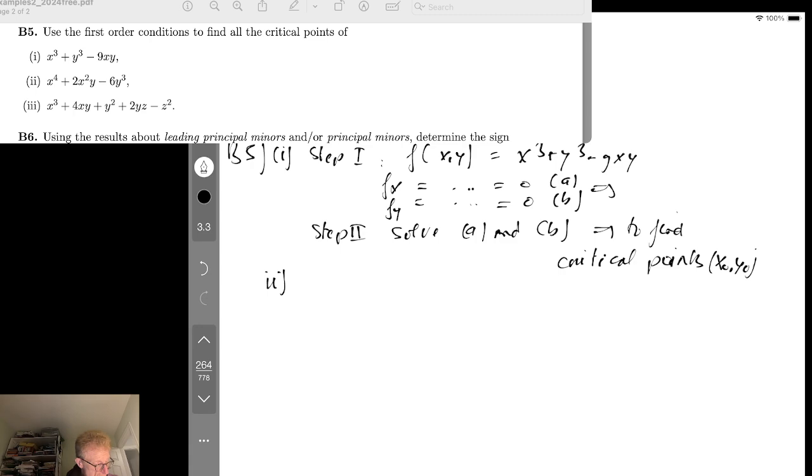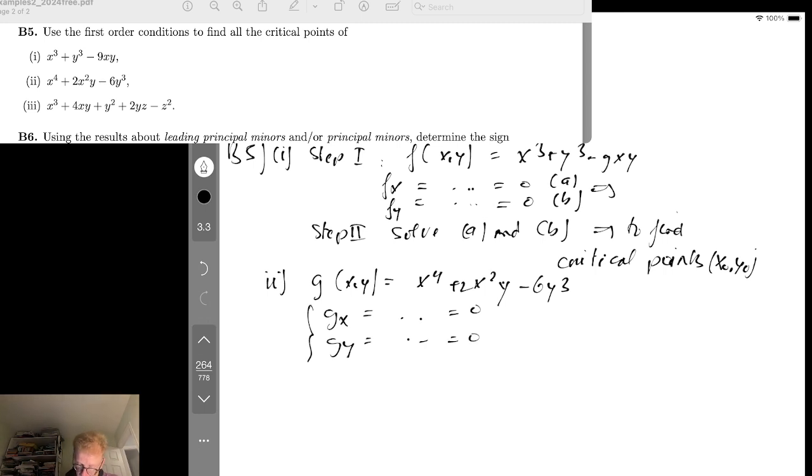So in 2, it's called g, g of x, y is x to the power 4 plus 2x squared y minus 6y cubed. So we need g_x, set that to 0, and g_y. Calculate that, you set that to 0, call this A, call this B. So that's step 1.